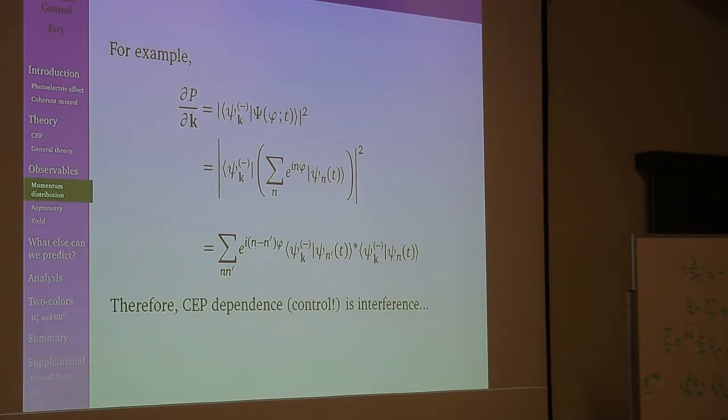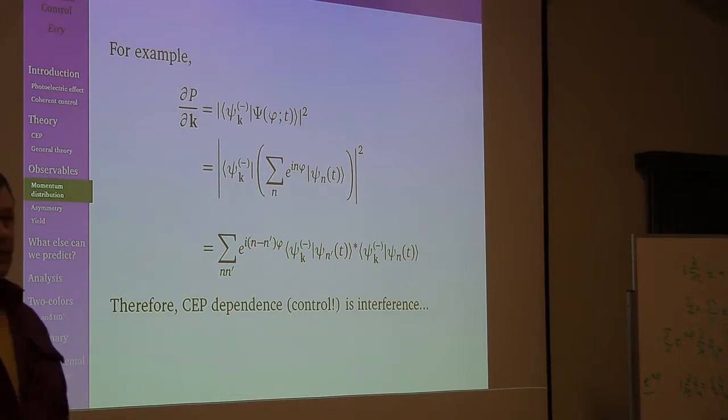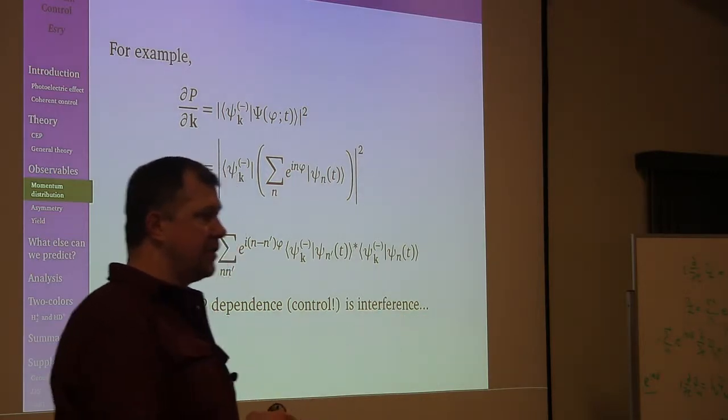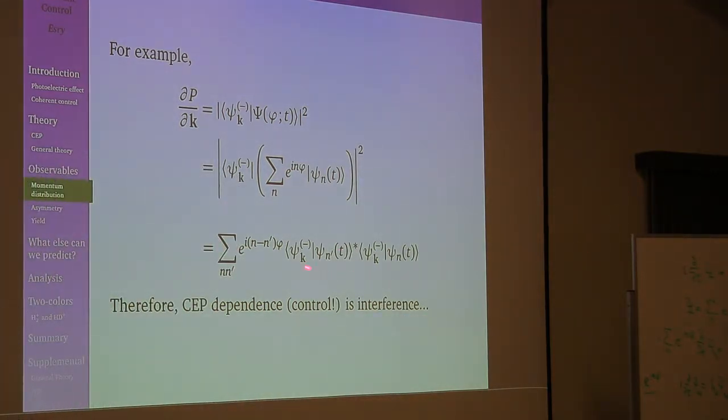Very simple. So you see that all the CE phase dependence is right here, remember? For there to be CE phase dependence, n and n prime should not be the same, they should be different. And if n is the number of photons, that means different photon amplitudes have to interfere. More than that, these matrix elements are the amplitudes, and for them to interfere, they have to contribute to the same direction, the same K. If they have the same K, they can interfere.